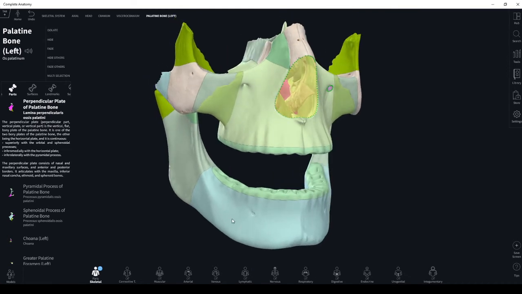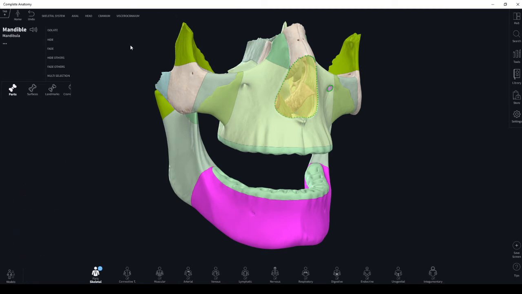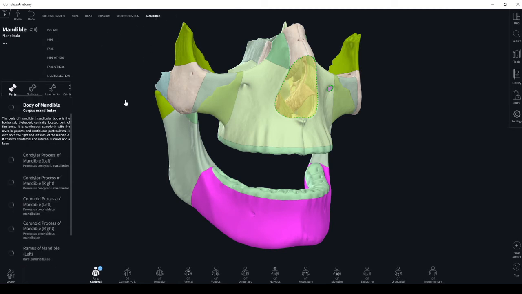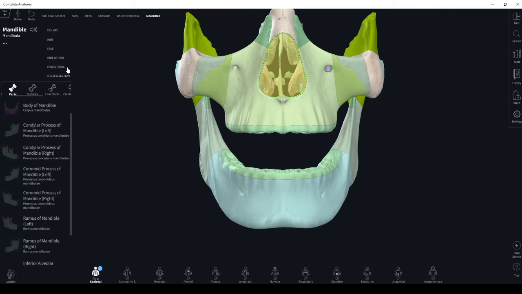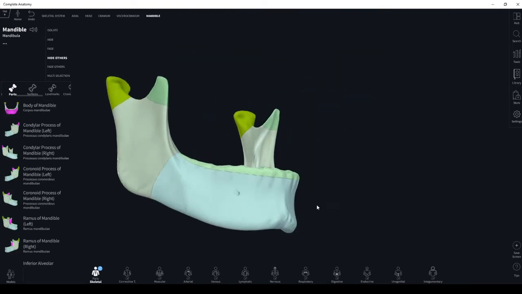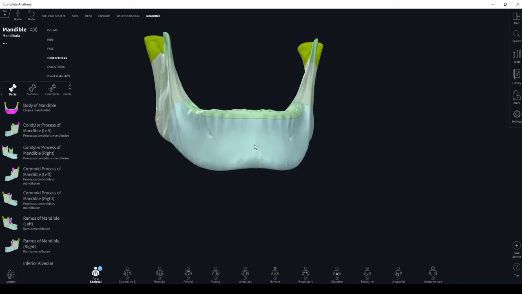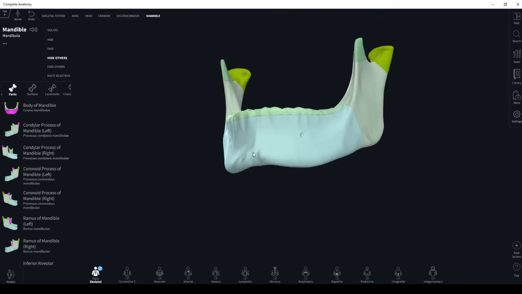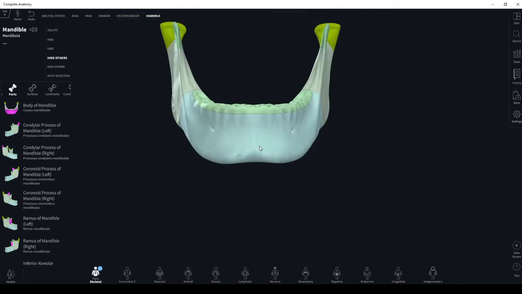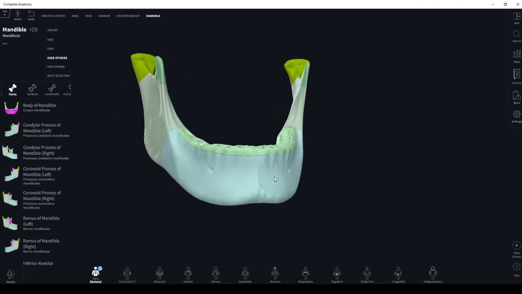Okay, the next bone which you have to learn is the mandible. The mandible, or in simple English, the lower jaw, is mostly called the mandible in scientific circles. The Latin name is mandibula.